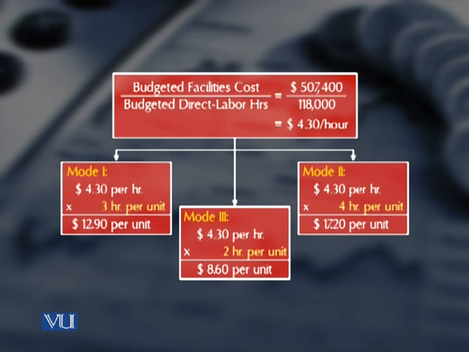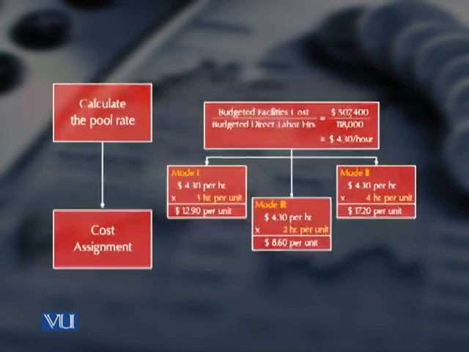If the rate is 4.3 and 3 hours are required for Model 1, the total comes to 12.90. In Model 2, you need 4 hours, so if you multiply by 4.3, it comes to 17.2. And in case of Model 3, the hours required is 2, so 4.3 times 2 comes to 8.6.